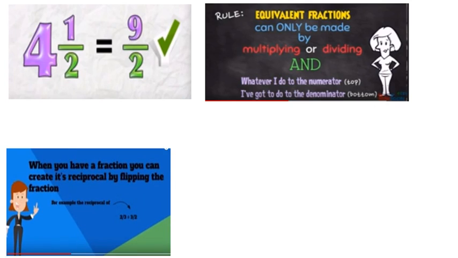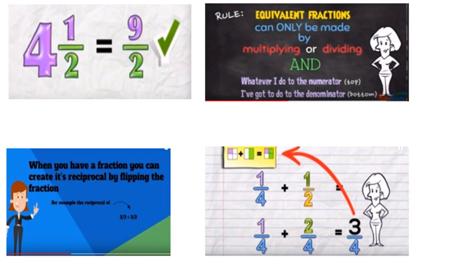Third, to find the reciprocal, you just have to flip the fraction. Fourth, to add unlike fractions, first make the denominators common, find the equivalent fraction and then add up when you get the like fractions. I hope you have learned or understood all the 4 concepts.